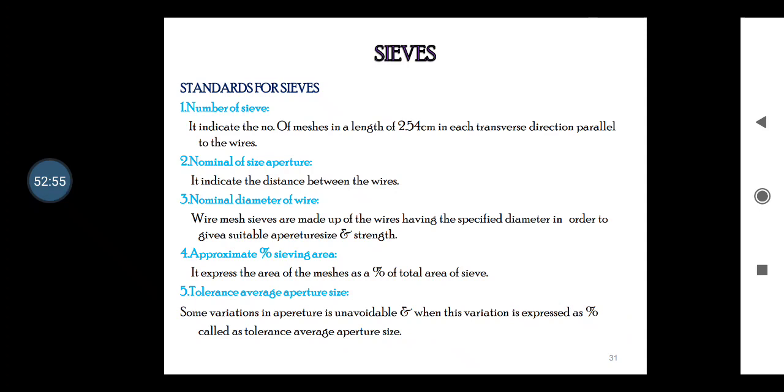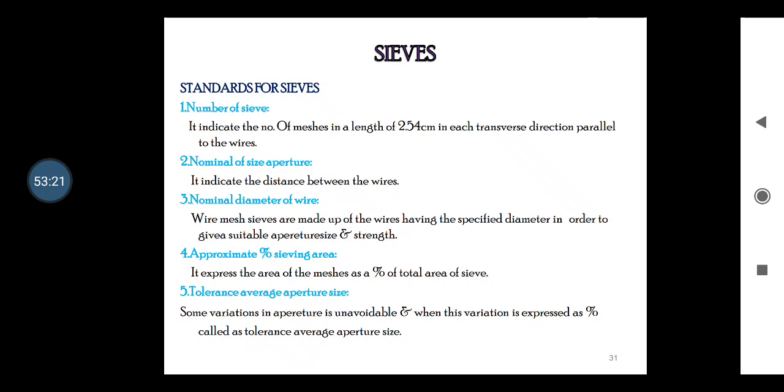The next terminology is the nominal mesh aperture size. This is the distance between two adjacent wires representing the side of the square aperture. The nominal mesh aperture size for most of the sieves is given in the IP 1996, either in mm or sometimes in micrometer.